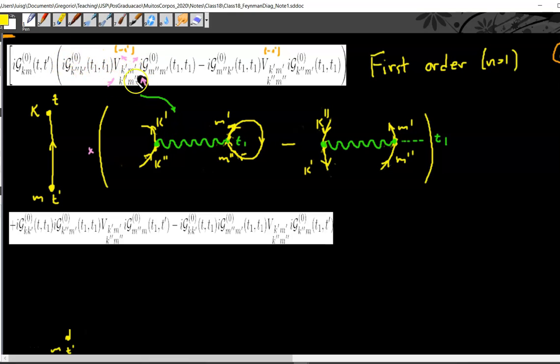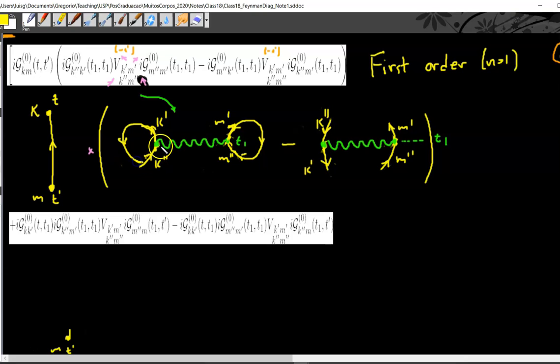Now the other thing in this term that I need is another propagation line from k prime to k double prime, ending and beginning at the same time. So it's going to be another loop. I go at t1 here, this is the same time as here, that's why it's represented vertically, and then I'll go this way, like this, k prime at t1 and end at k double prime at t1 as well.